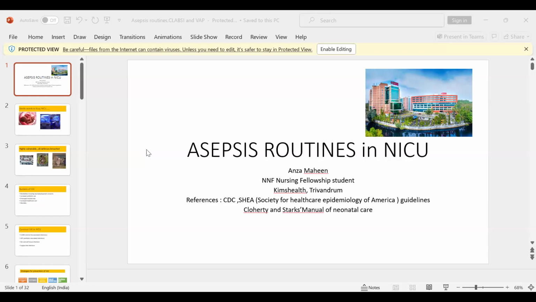Are the slides moving? Sorry. Are the slides moving for everyone? Still in the first slide. Ma'am, can you make it full screen? It is in presenter mode actually. Just click on the enable editing option. I'll just stop sharing and restart it again.